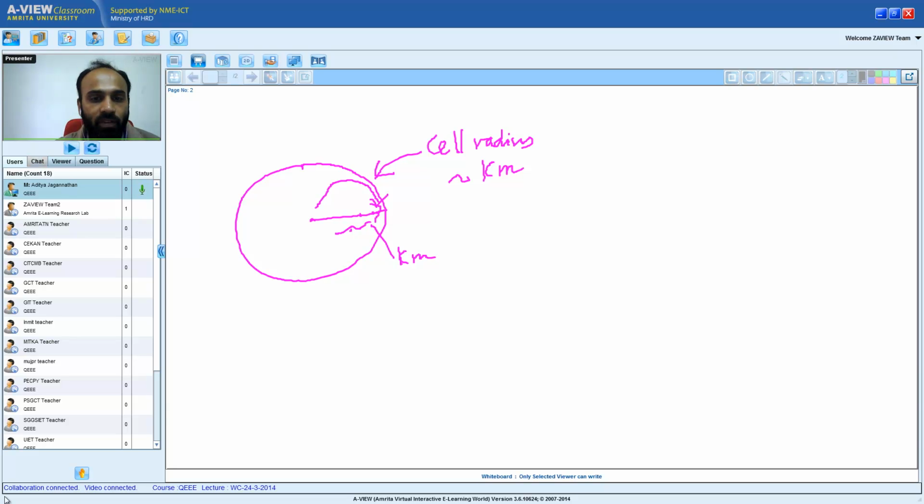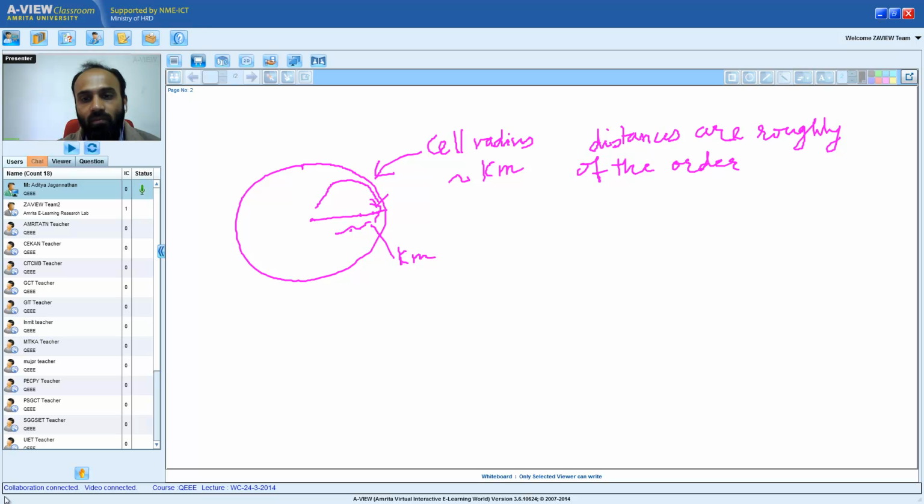Therefore, the distances and the differences between the distances are approximately of the order of kilometers. So the distances are roughly of the order of kilometers, right?